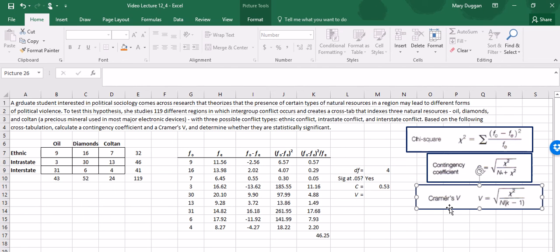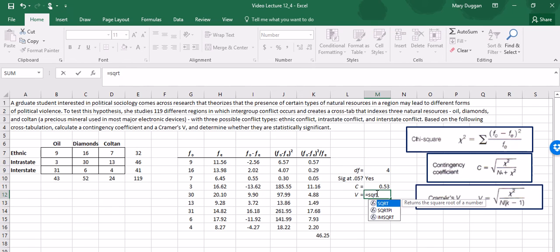So let's plug into the formula to find Cramer's V. Equals the square root of the chi-square over, in parentheses, the n times, and I need another parenthesis here, our rows or columns 3 minus 1.